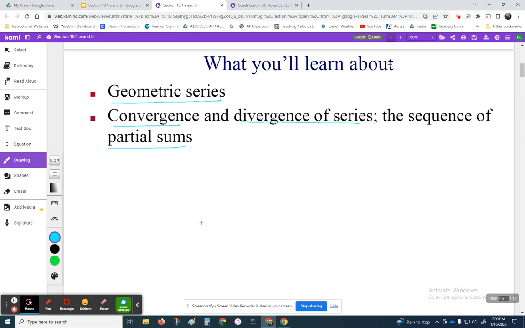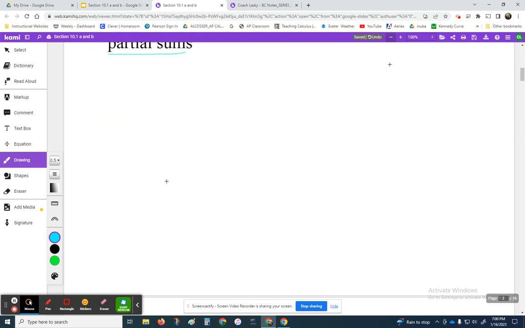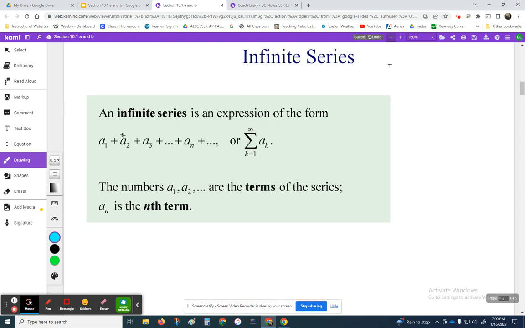As we tackle this, we'll just talk about infinite series for a geometric series. The idea is that when we deal with this infinite series, you're going to have term one, term two, term three, and we just work our way through it.